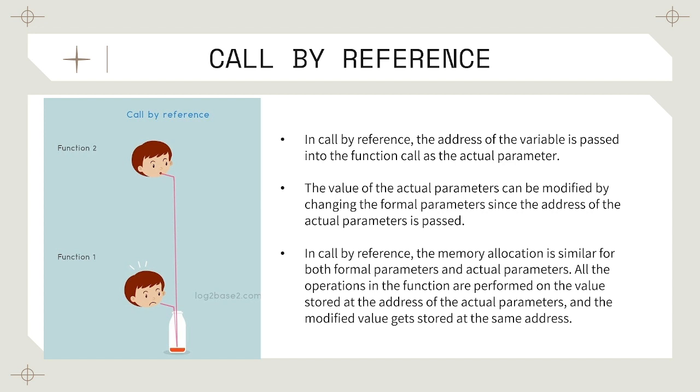So when one drinks the juice, it will be reflected in the other also. Both the boys are sharing the same juice. So when both the parameters are sharing the same address, whatever you change, either in the main function or in the function, will be reflected.